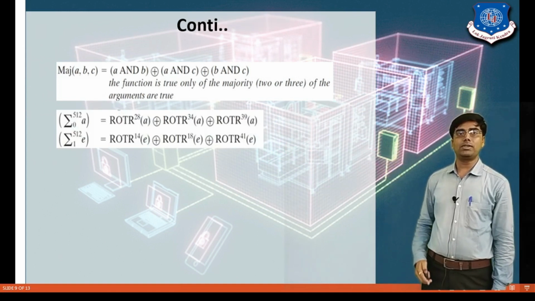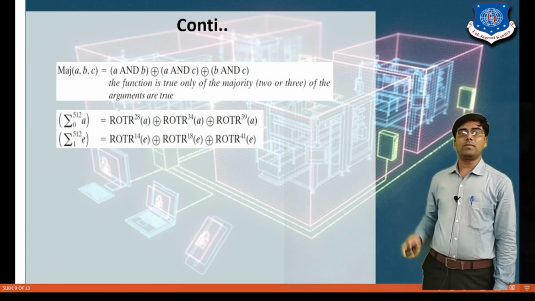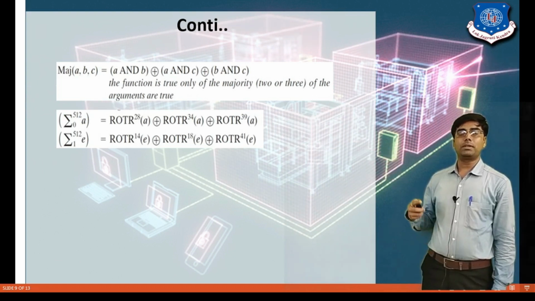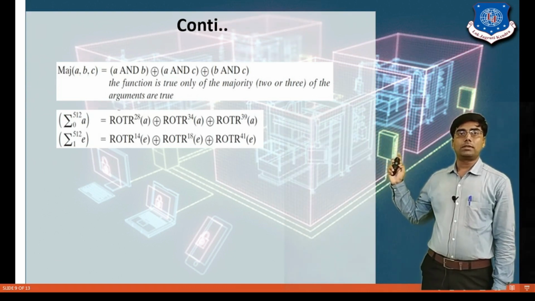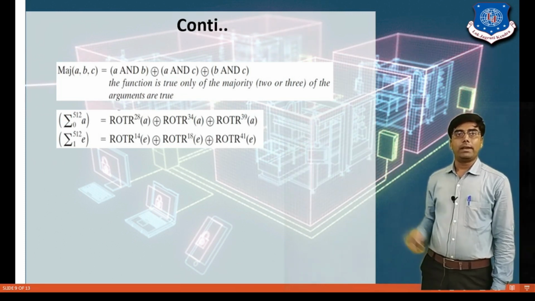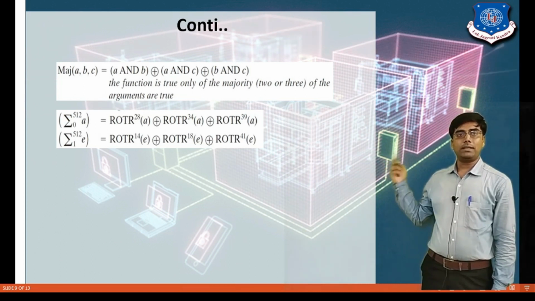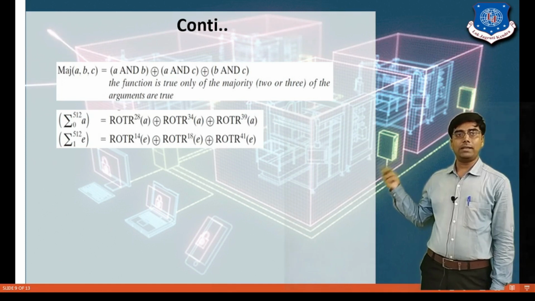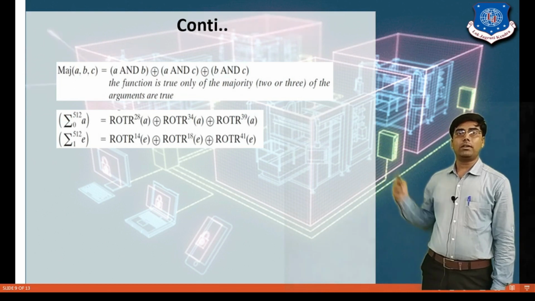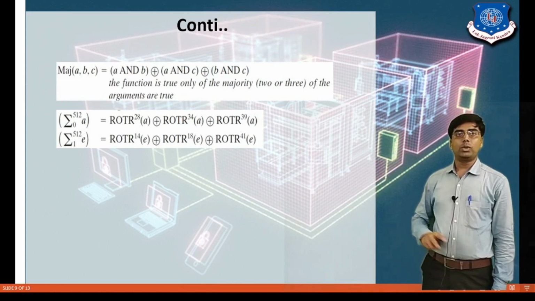The next is rotation. Rotation A means sigma 0 512 A, the rotation of A. Here the equation for this is the circular right shift of 28 bits of the content of A, XOR the circular right shift of 34 bits of the content of A, XOR the rotation of 39 bits of the content of A. So this is the formula.